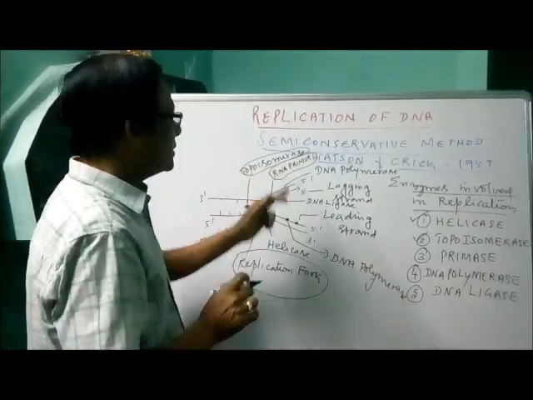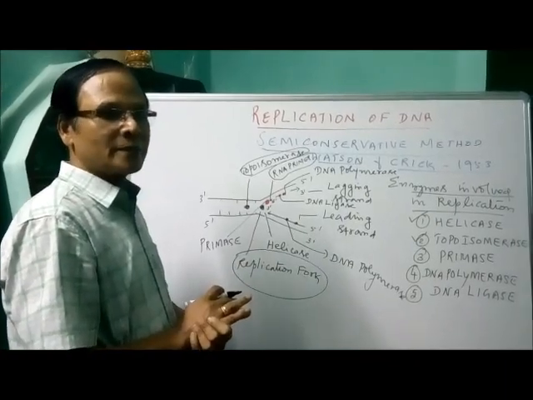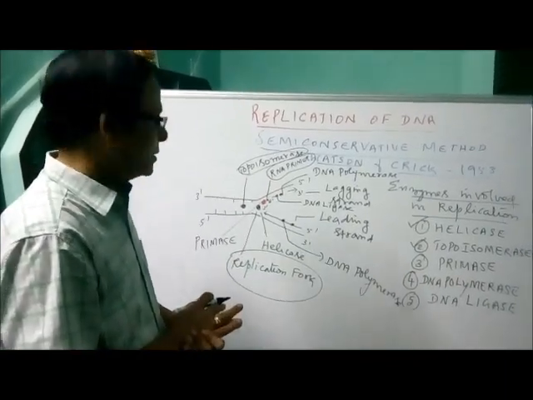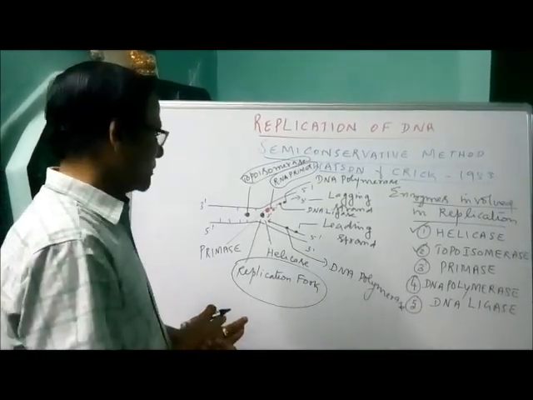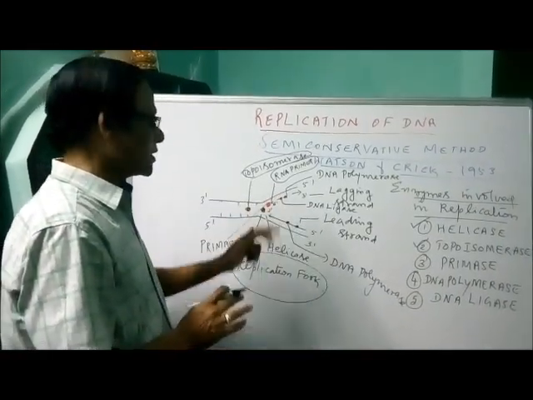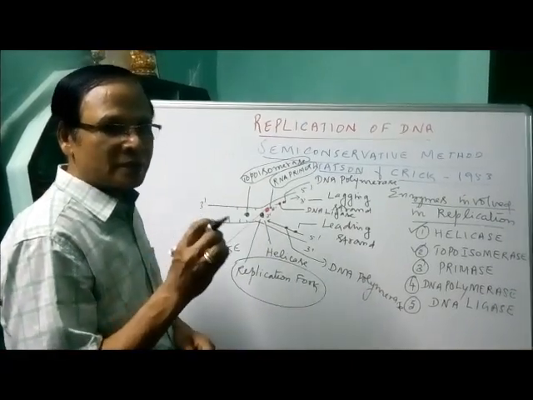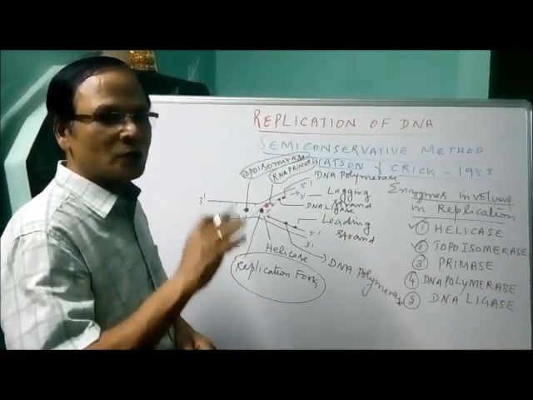This RNA primer is produced by an enzyme, RNA polymerase, but in the book it is given as produced on the DNA template. Out of the two strands, each strand acts as a template for the formation of the new strand.